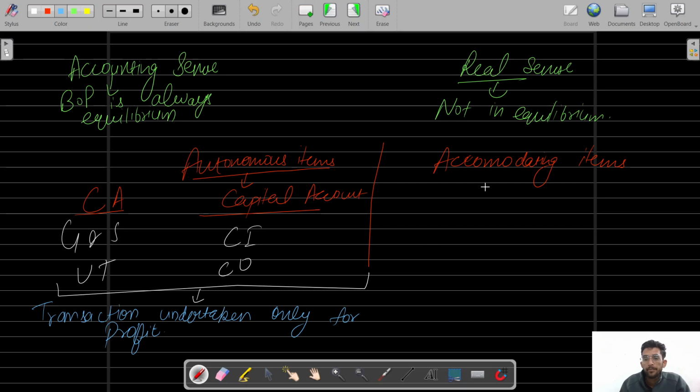Here there is no need and no motive to correct the balance of payment deficit or surplus, but accommodating items are only used to correct the BOP deficit.